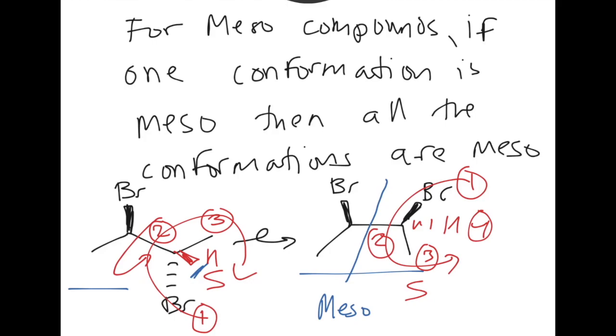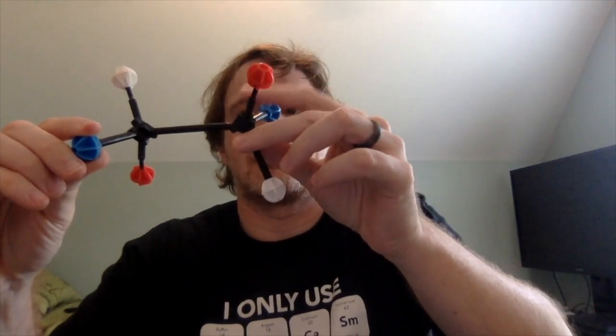I didn't break any bonds or do anything like that. I just rotated around that single bond. So what that looks like physically is, let's pretend that these red carbons are our bromines, and the white groups are the carbons.